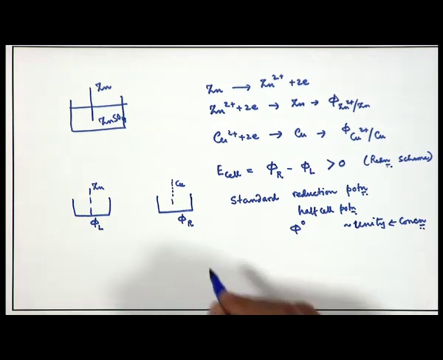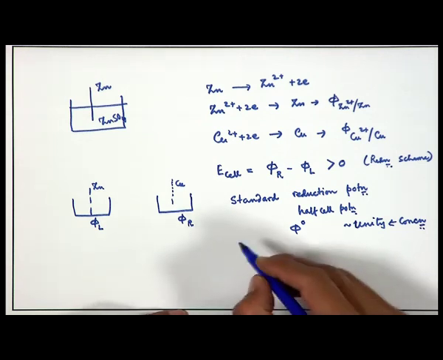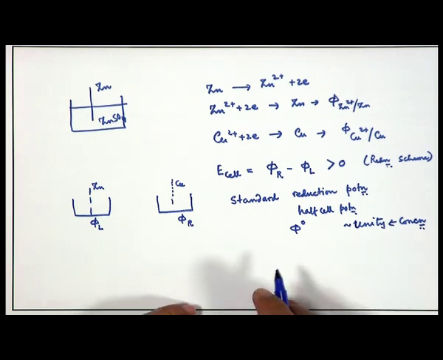Okay. So, to measure that you may use a standard voltmeter, but this standard voltmeter is not recommended because if you use a voltmeter, that draws a lot of current.